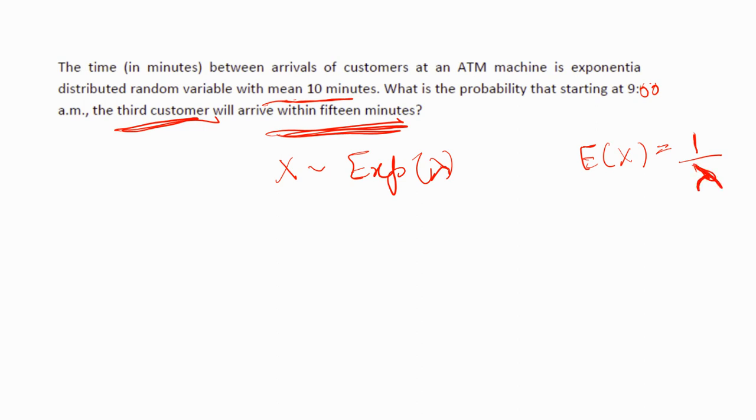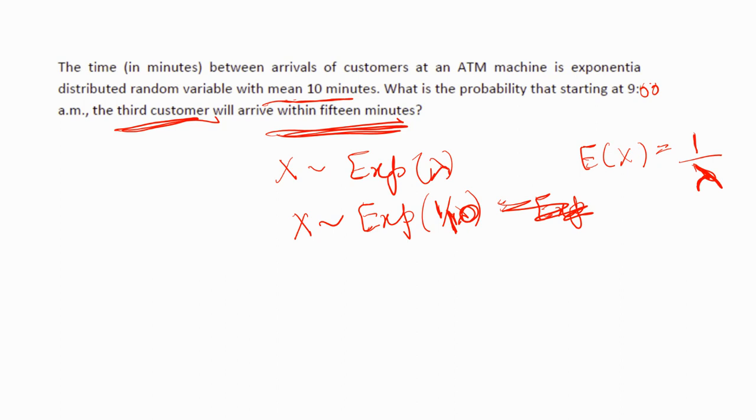So mean given here is 10 minutes, so x follows exponential with parameter 1 upon 10. So this one is the parameter lambda. So x is following exponential 1 upon 10.